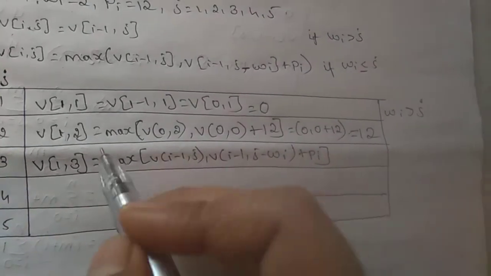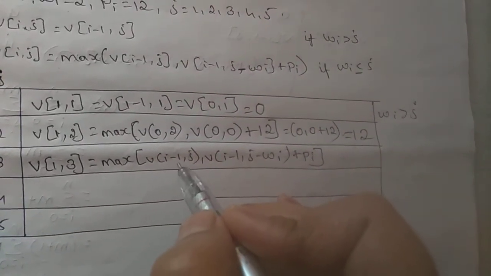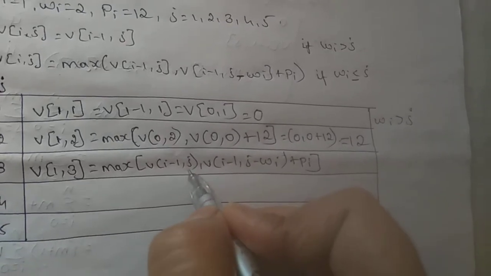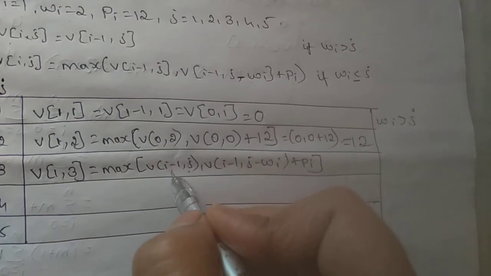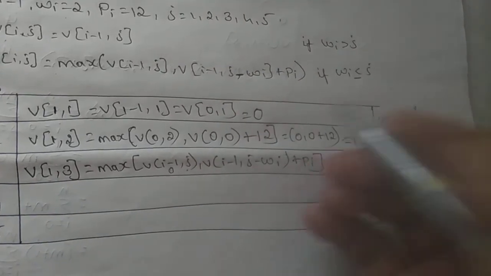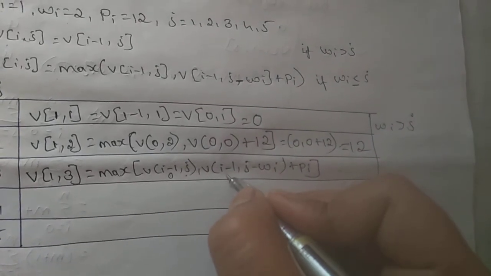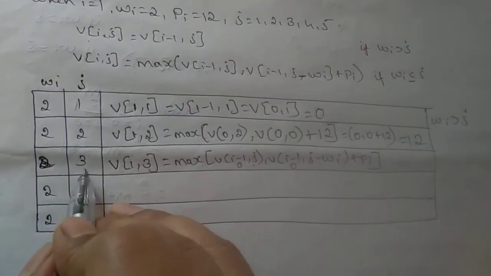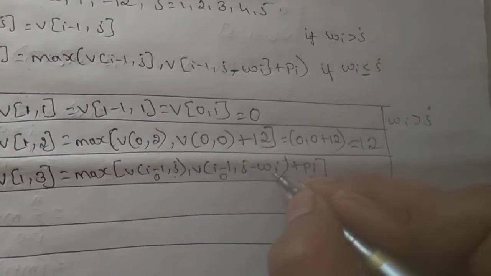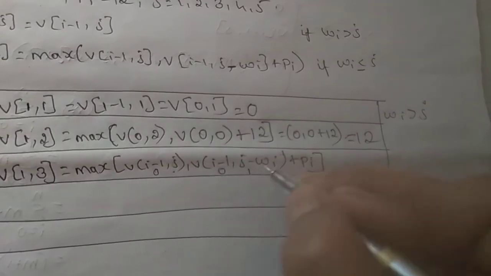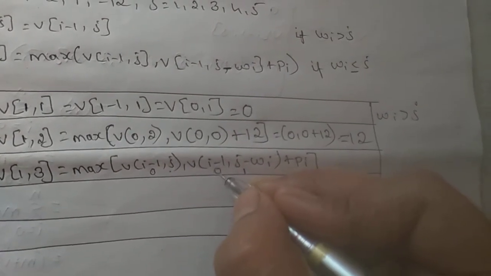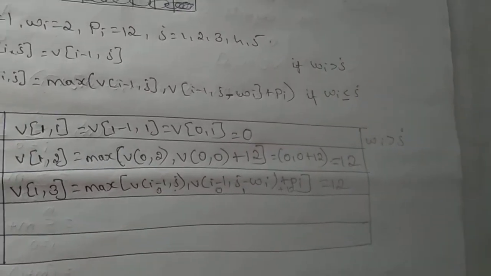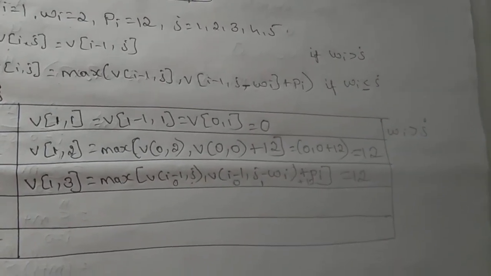Now V of i minus 1, j: the i value is 1, so V of 0, 3. This value is 0 because the i value becomes 0. Here also i minus 1, 1 minus 1, becomes 0. j minus wi: the j value is 3, 3 minus 2 is 1, but here one value is already 0, so it is 0. The pi value is 12. Even here you get 12.